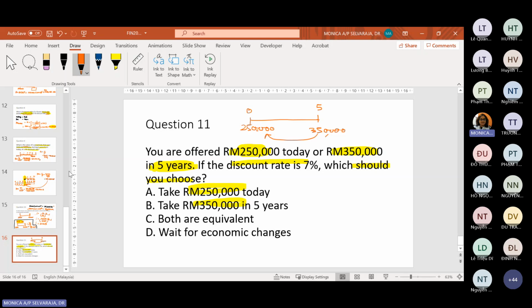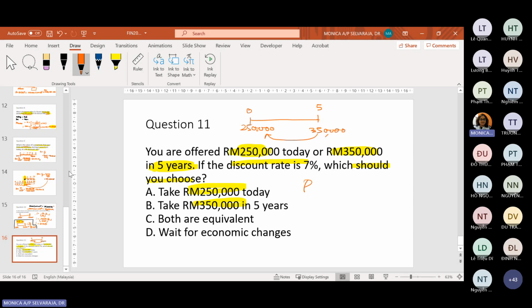You can bring your 350,000 to the present and compare with 250. If the 350,000 present value is higher than 250,000, then you go with the 350,000. If it's lower, then you go with the other.